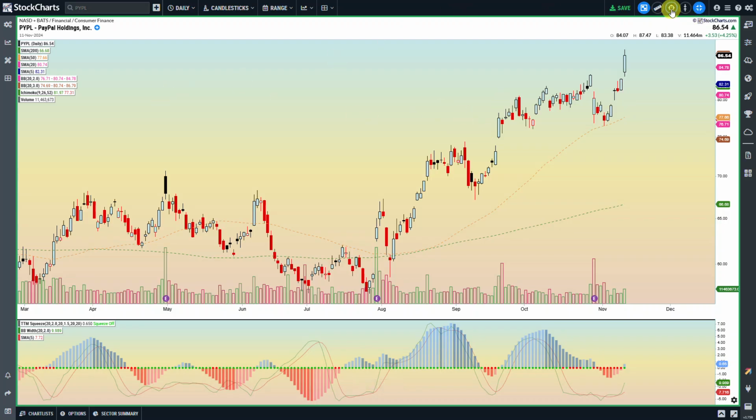You can pick, you look at this chart right here. This is PayPal. PayPal is currently trading at $86.54. Say I wanted to buy, I think this is going to keep going up, and I want to buy a contract at the closest point that there's option contracts available for this.